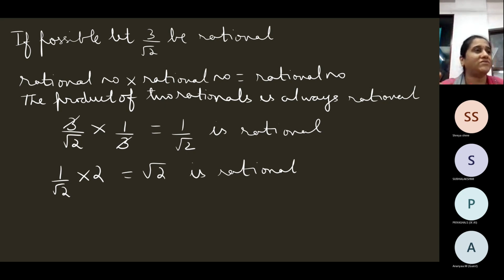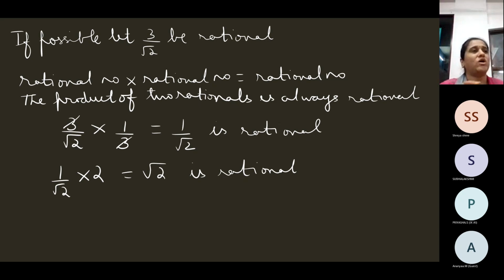Only division has an exception. When you divide 5 by 0, it's not defined. Except for that, any operation performed with two rational numbers will always produce a rational number. Correct? We're using that property.